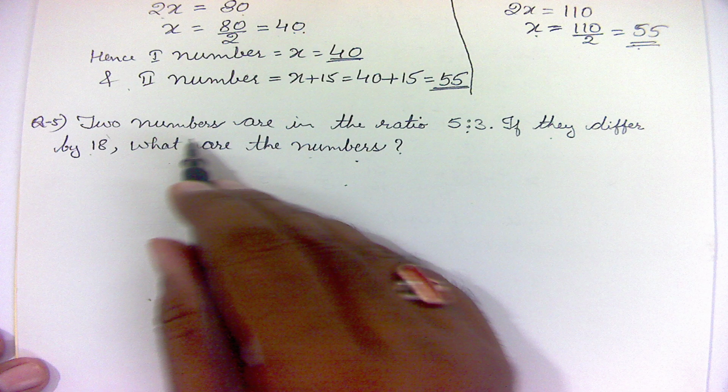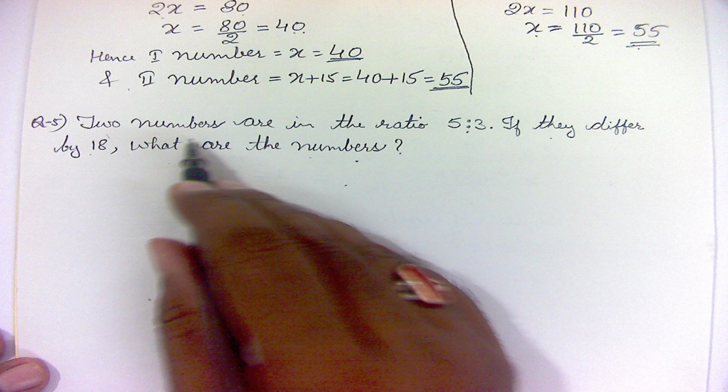Now because the numbers are in the ratio 5:3, what we will do is let the two numbers be 5x and 3x. We are going to take one number as 5x and the other one as 3x.